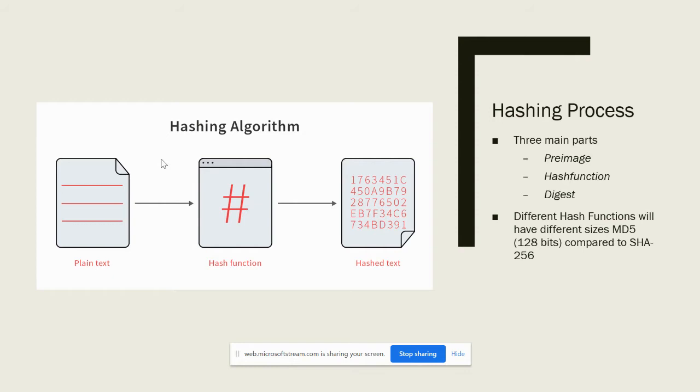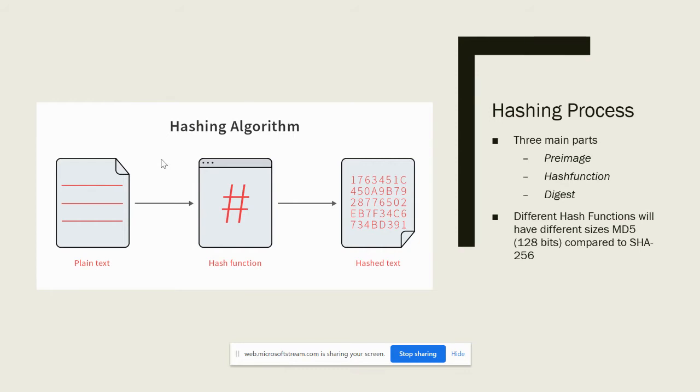However, if we put in a name, like say Lord, and put it through the hash algorithm, it would still create a four number output. However, since there are different types of hash functions, they could have different output sizes. So, for example, MD5 digests are 128 bits, while SHA 256 is 256 bits.